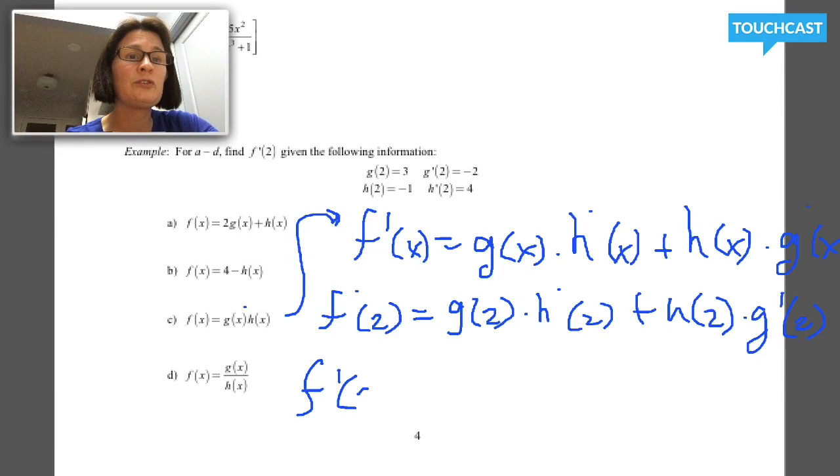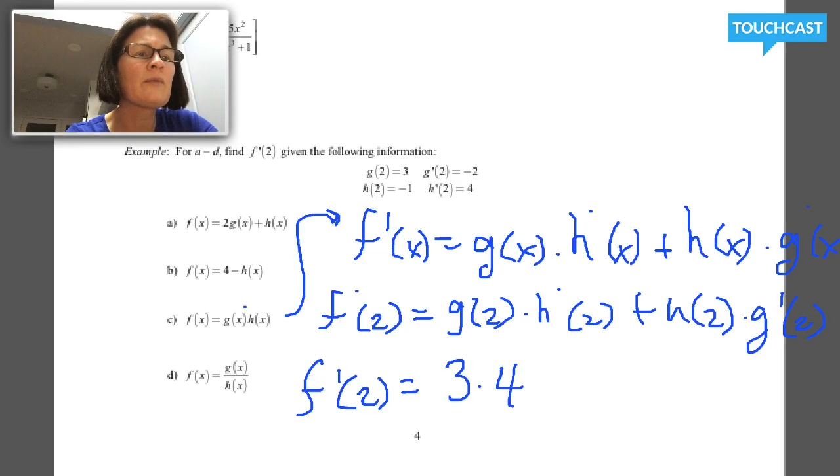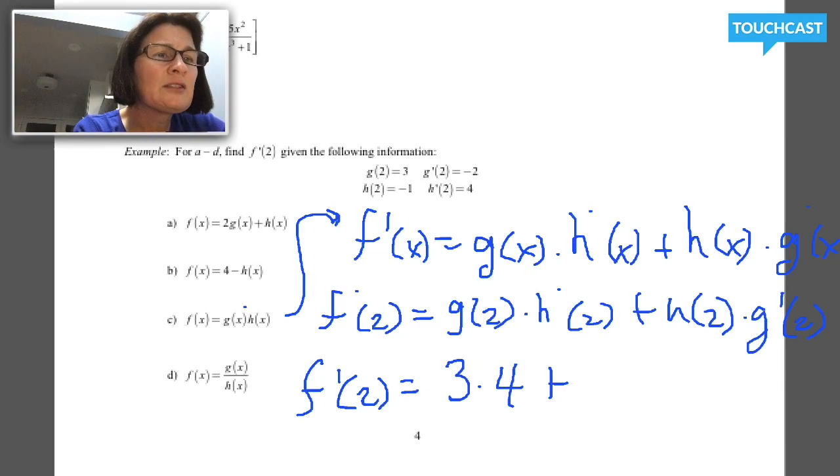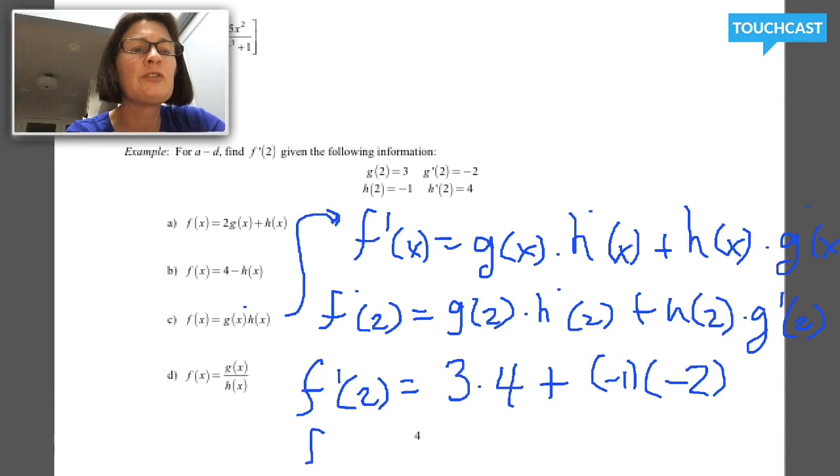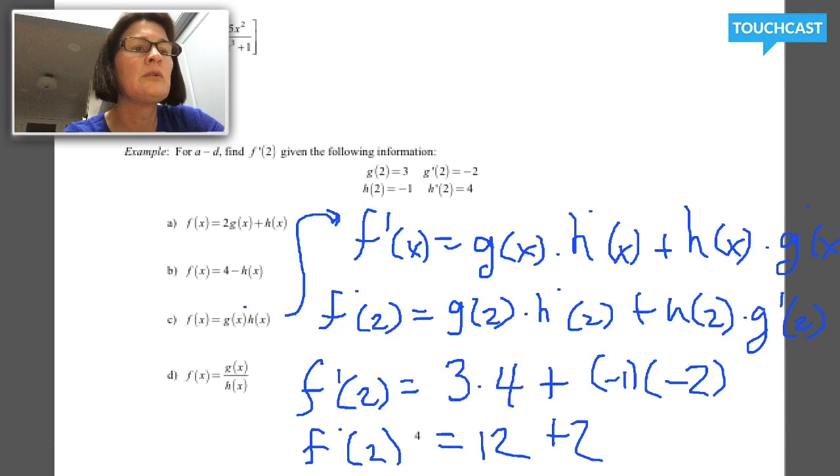So f prime of 2 is going to equal g of 2 is 3 times h prime of 2 is 4 plus, that's a plus sign, h of 2 is -1 times g prime of 2 is -2. So f prime of 2, the thing I was asked to compute, is 12 plus 2, which is 14.